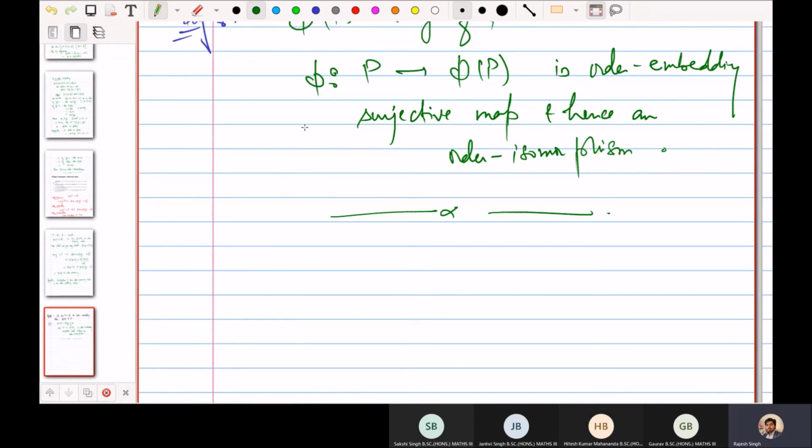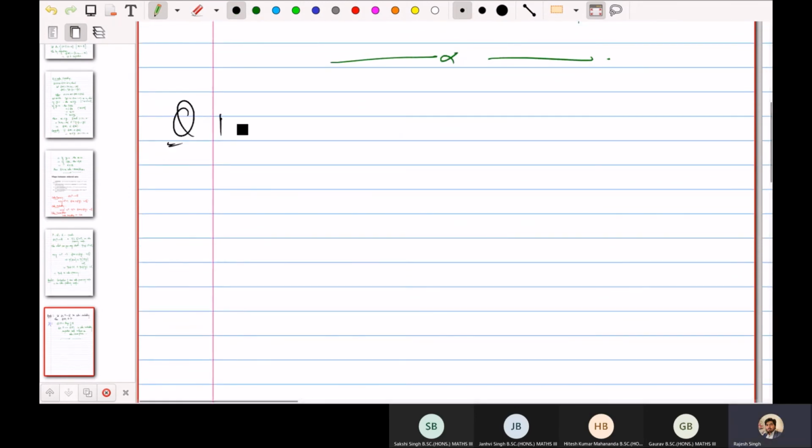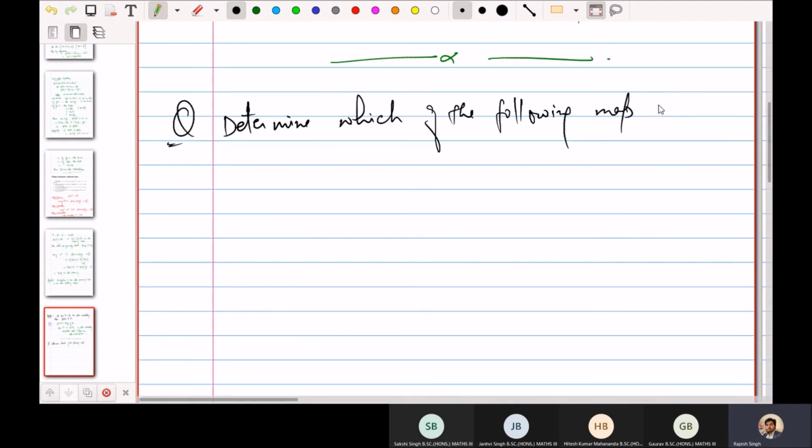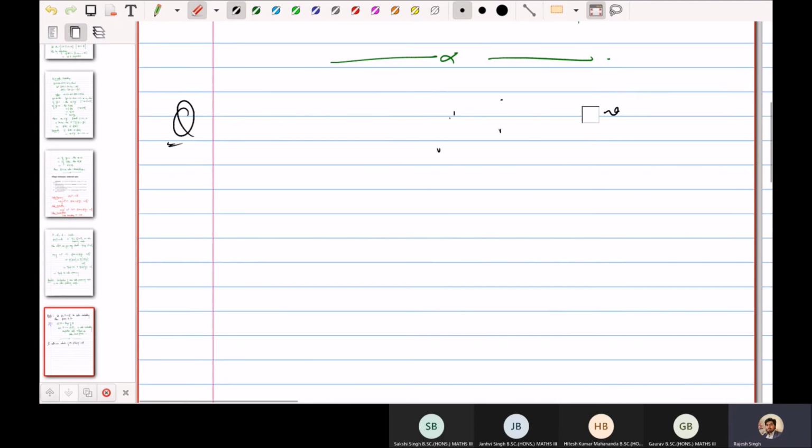So these are some examples. Okay, some examples. So question is: determine, categorize the maps shown.